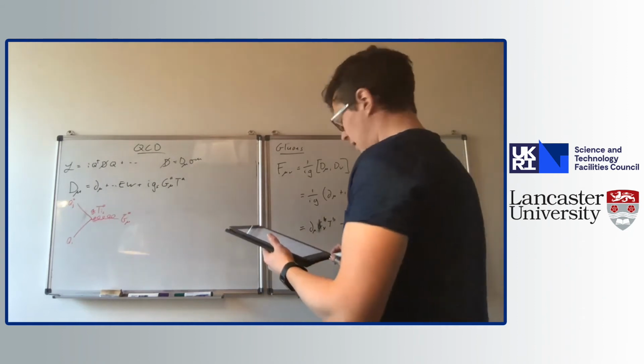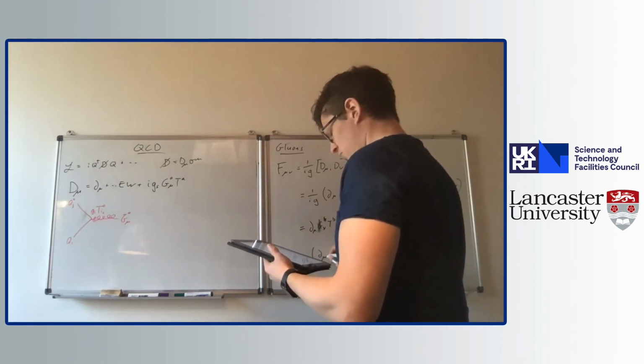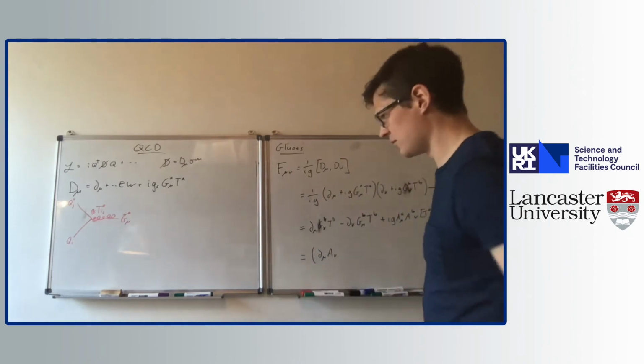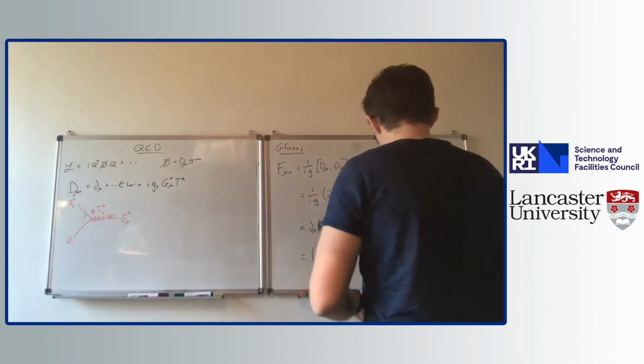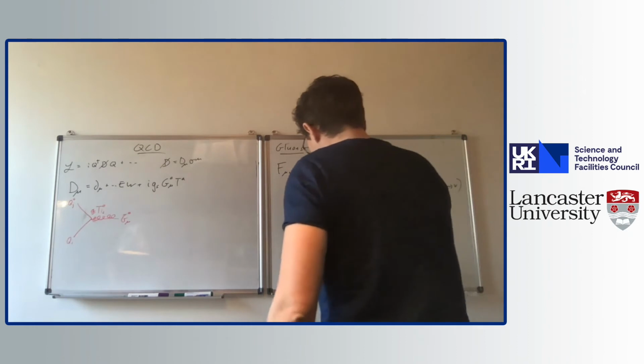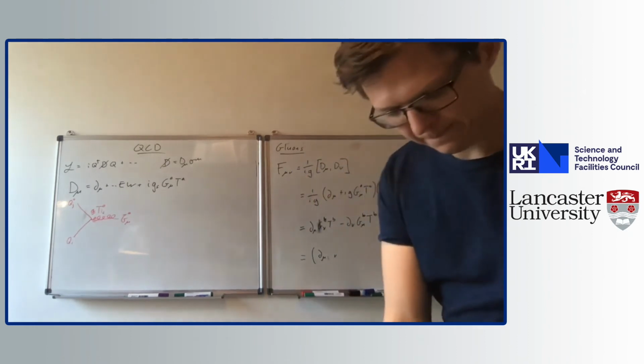way, which is D mu A mu. I'm so sorry about these A's and G's. This should be a G up here. A G here.